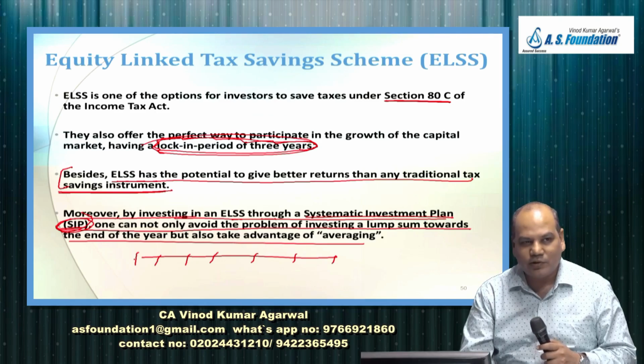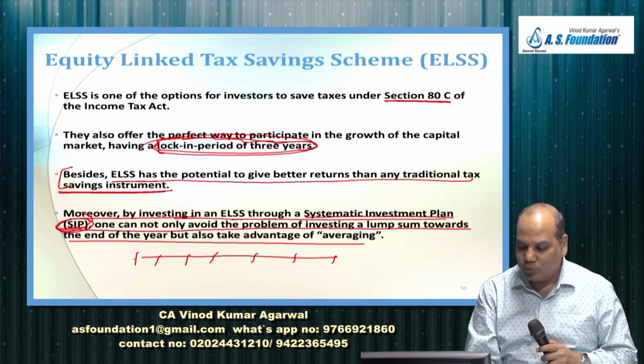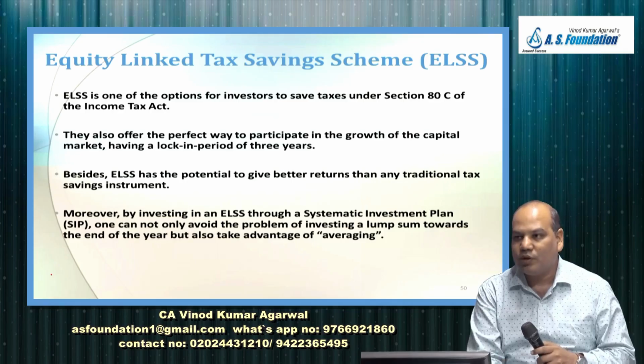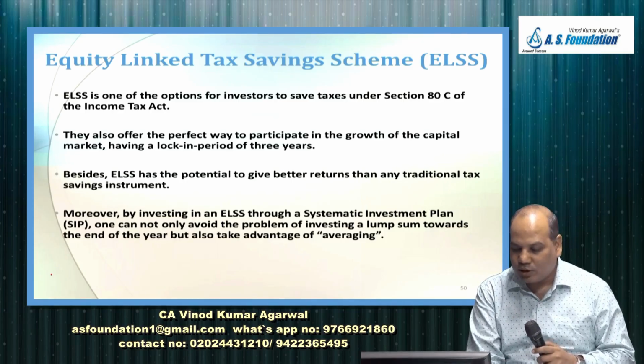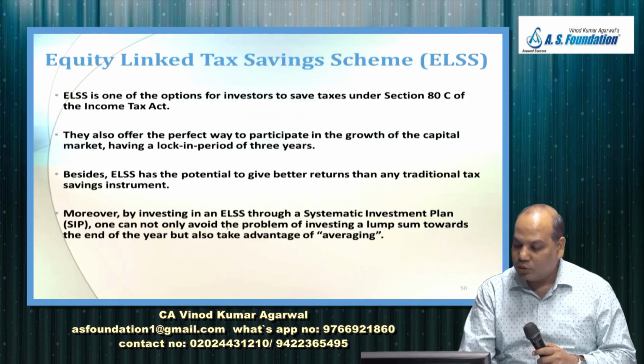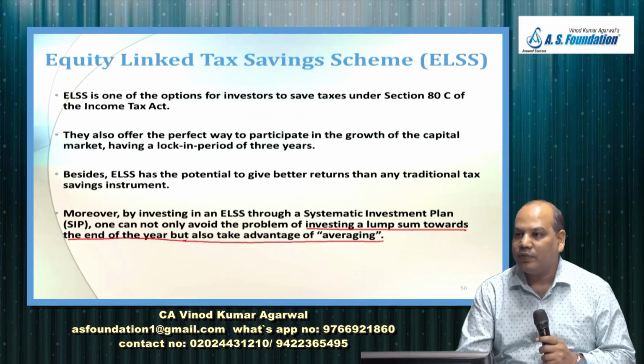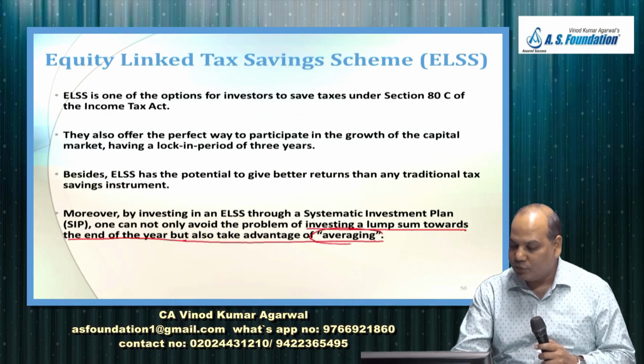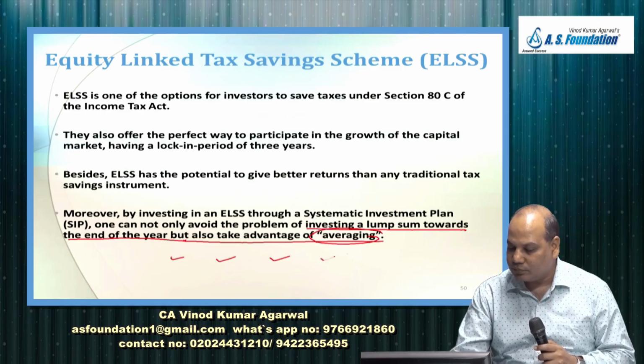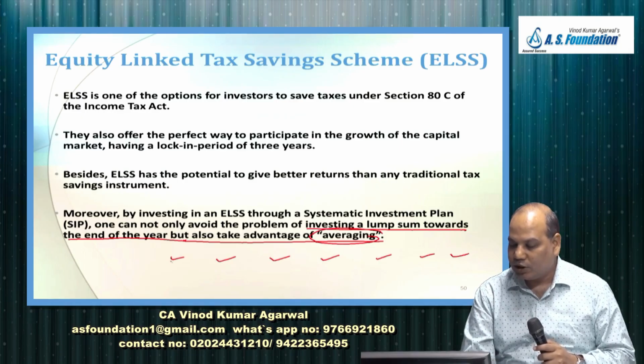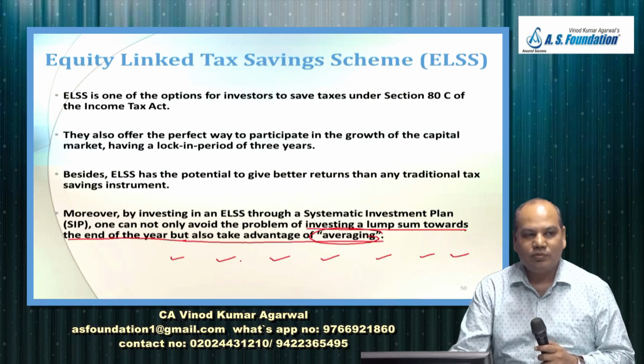A lot of flexibility is there just to bring more and more investors into the mutual fund schemes and help them promote regular habit. One can not only avoid the problem of investing a lump sum amount towards the end, but also take the advantage of averaging. Averaging means if you invest at different points of time, you get the benefit of average cost.